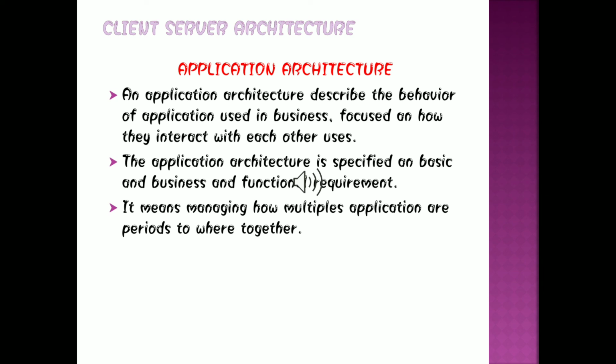The applications are also specified by basic business and functional requirements. All the required and requested information, that kind of functional data, should be evaluated. It means how multiple applications provide for themselves. So multiple applications running at the same time functionally is the role of the application architecture only.